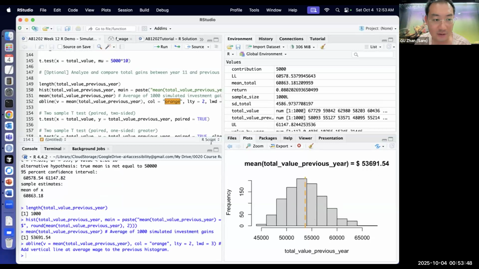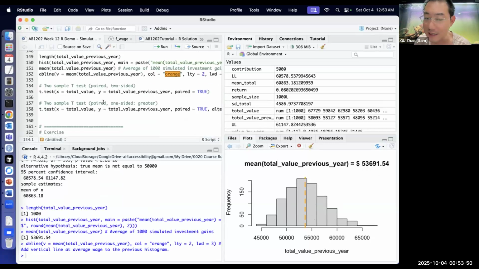So it is here. So basically now we're doing two sample t-tests. And we're doing a paired one. The reason of paired one is among these 1,000 samples, for the first sample, you have the 11th year's total value and the total value of the previous year.